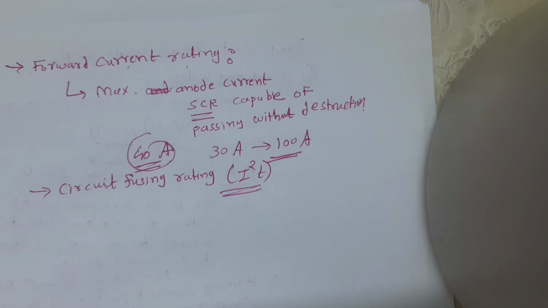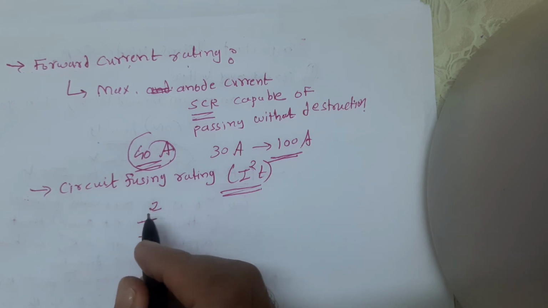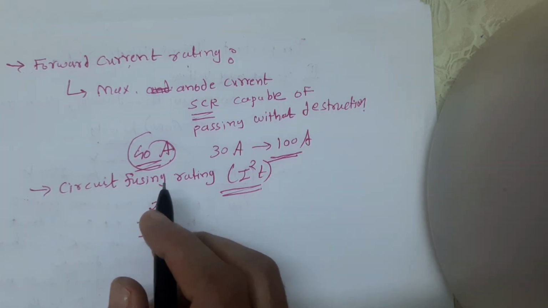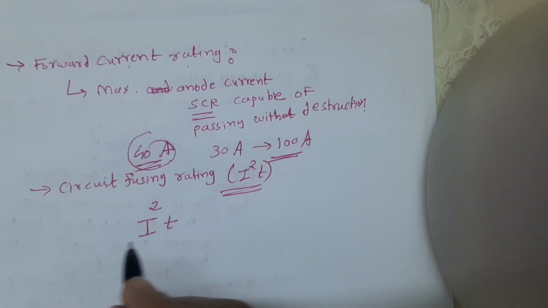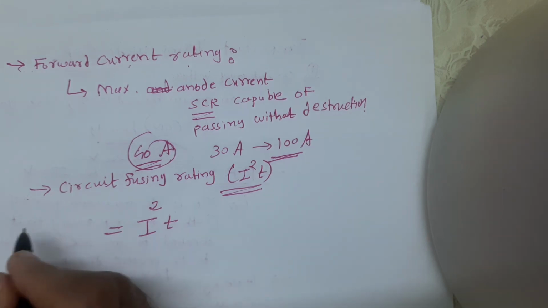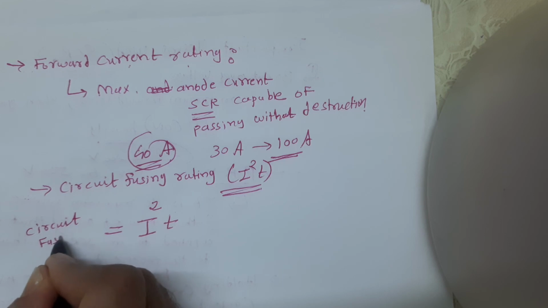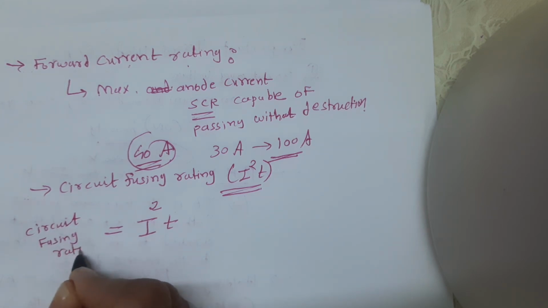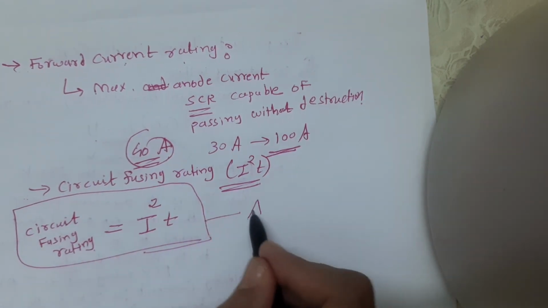I repeat, circuit fusing rating is the product of square of forward current and the time duration, and this is equal to circuit fusing rating. This is the equation of circuit fusing rating.